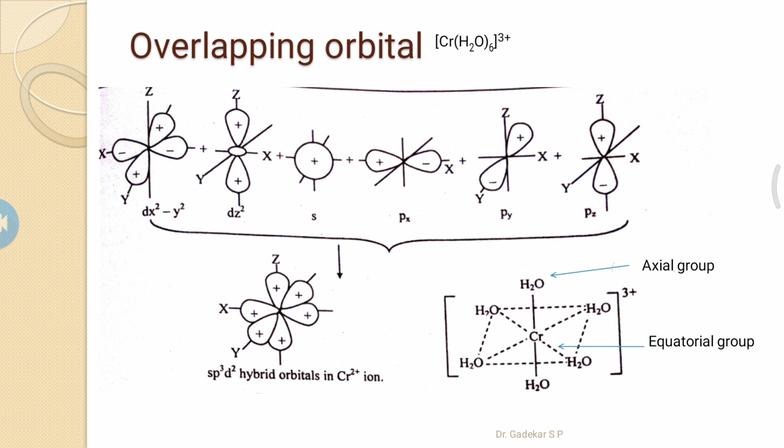Okay, so here are the overlapping orbitals in the hexaaquachromium complex. Here there are different orbitals involved in this sp3d2 type of hybridization.